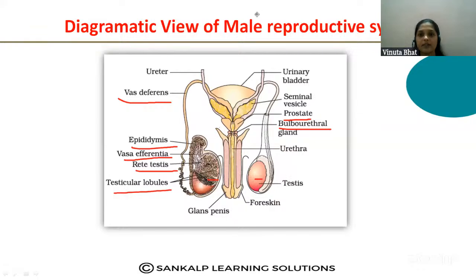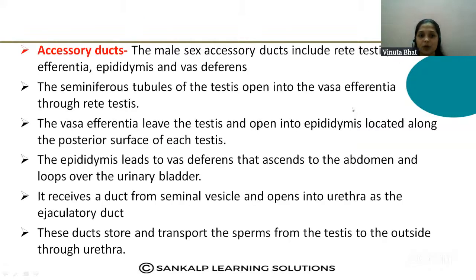How are these accessory ducts helpful in the transfer of sperms in the male reproductive system? Male accessory ducts include rete testis, vasa efferentia, epididymis, and vas deferens.